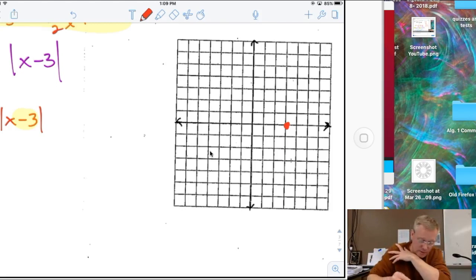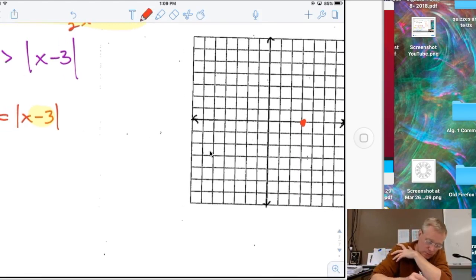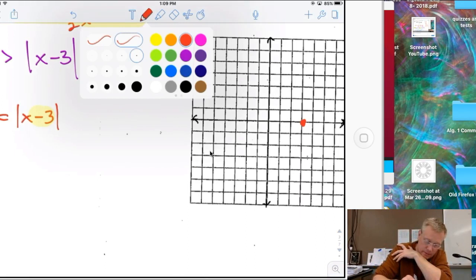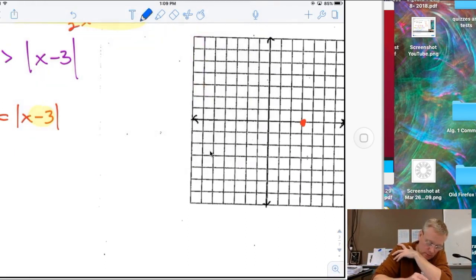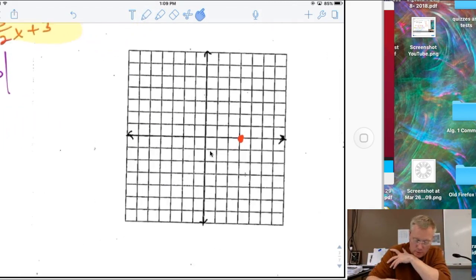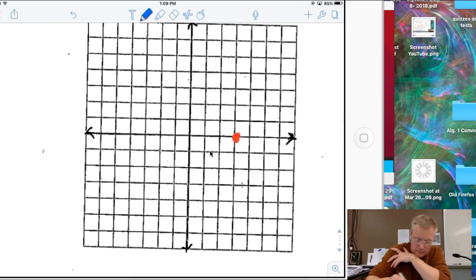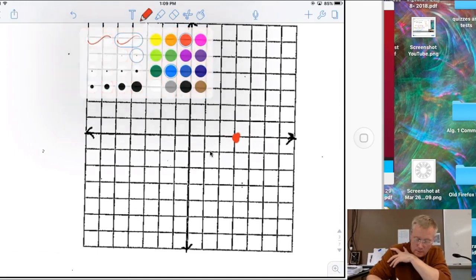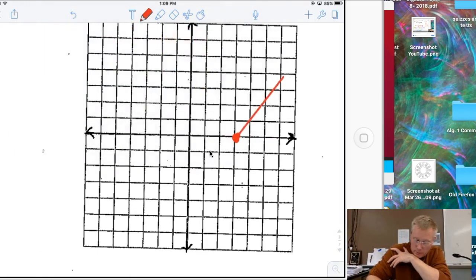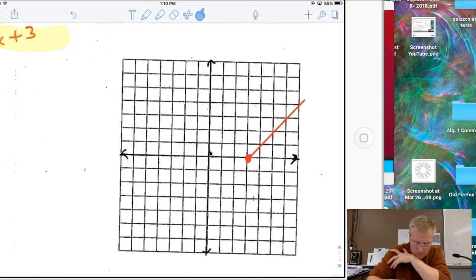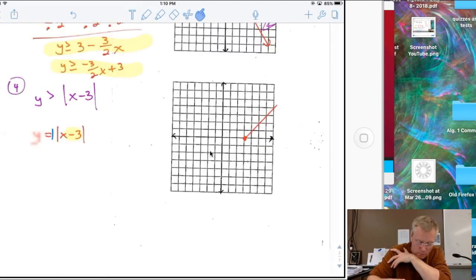And it's a V, and this has A would be 1 because there's an implied 1 in front of that right here, which means it's going to be slope of 1. So if I take this graph over here and I make it a V with a slope of 1 like that, one more thing.